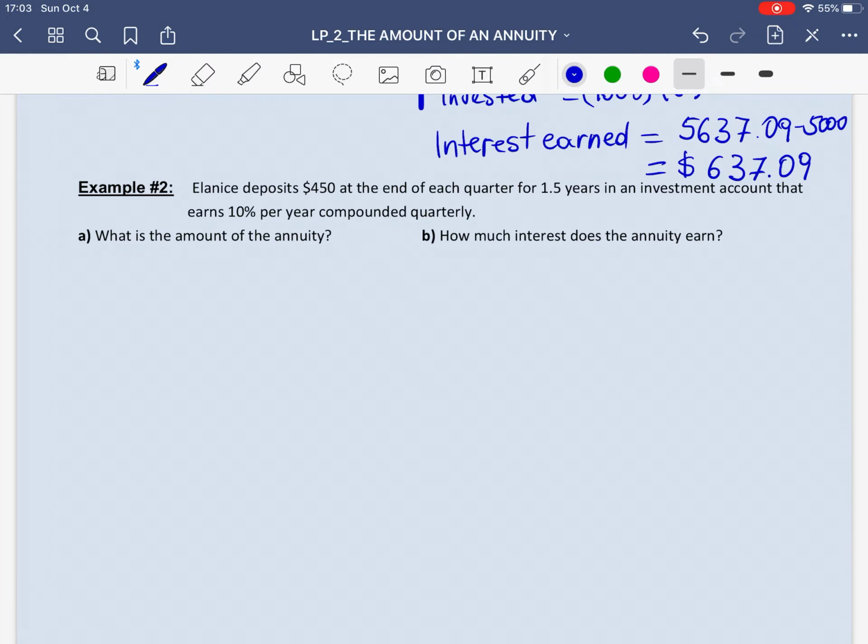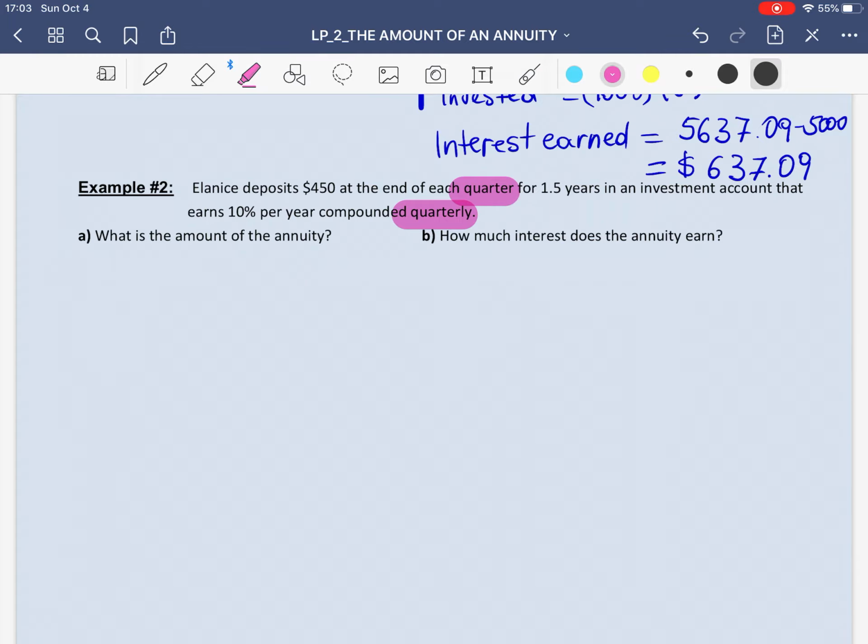So, Alanis deposits $450 at the end of each quarter for 1.5 years in an investment account that earns 10% compounded quarterly. Okay? So always look for the key words here. So every quarter she's investing money and the money is compounded quarterly.